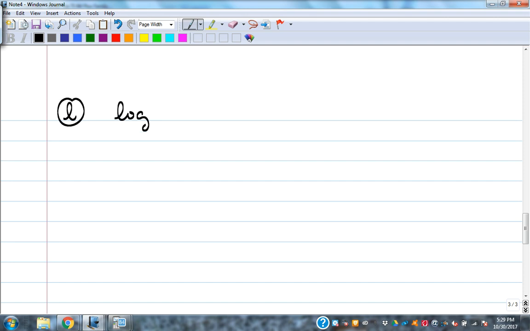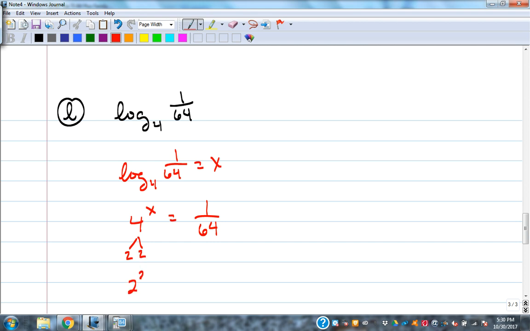If you did log base 4 of 1 over 64, to evaluate that you want to think, okay, log base 4 of 1 over 64 is equal to x. So that's 4 to the x equals 1 over 64. Now I think, okay, that 4 is not prime, so I can break it down to 2 and 2. So that's 2 to the 2x. And then what about 64?